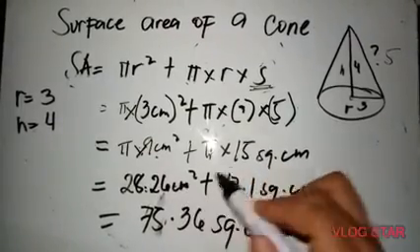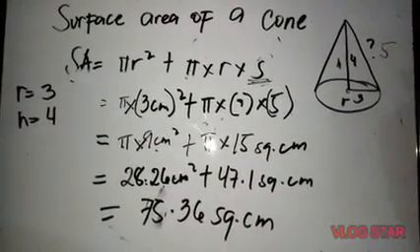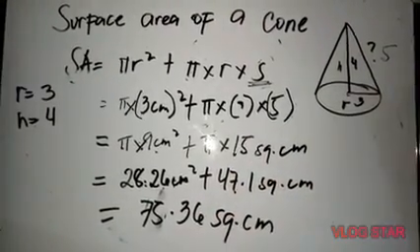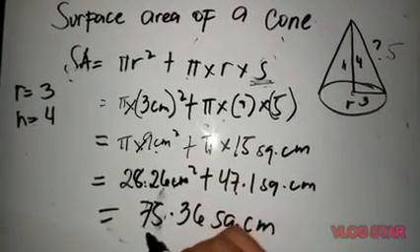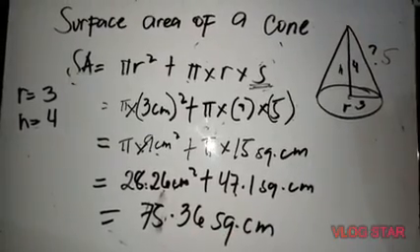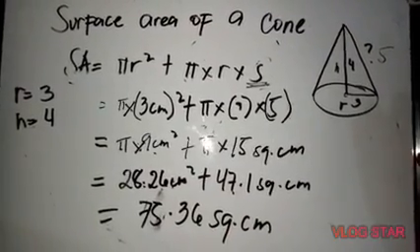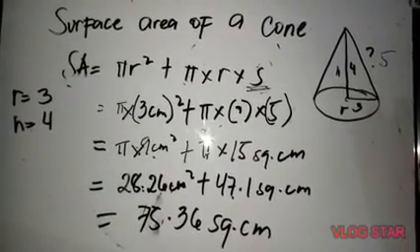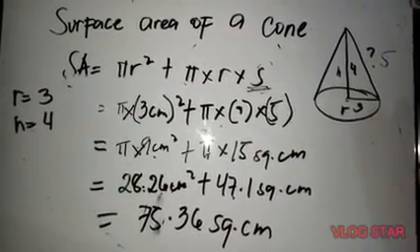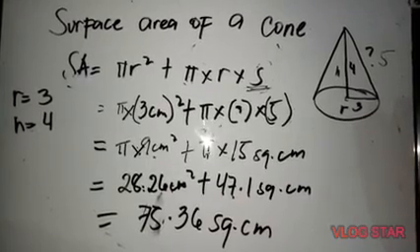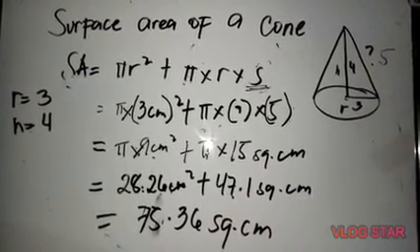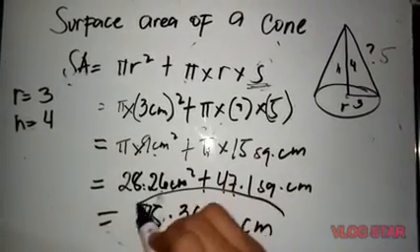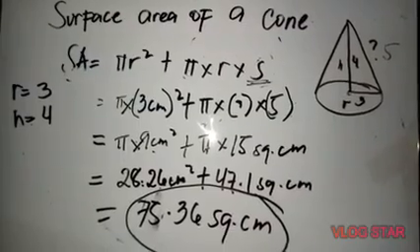Cm square or square centimeter is just the same. So add 28.26 plus 47.1, the sum is 75.36 square centimeter. So the surface area of a cone with a radius of 3 centimeter, height of 4 centimeter, and slant height of 5 centimeter is 75.36 square centimeter.